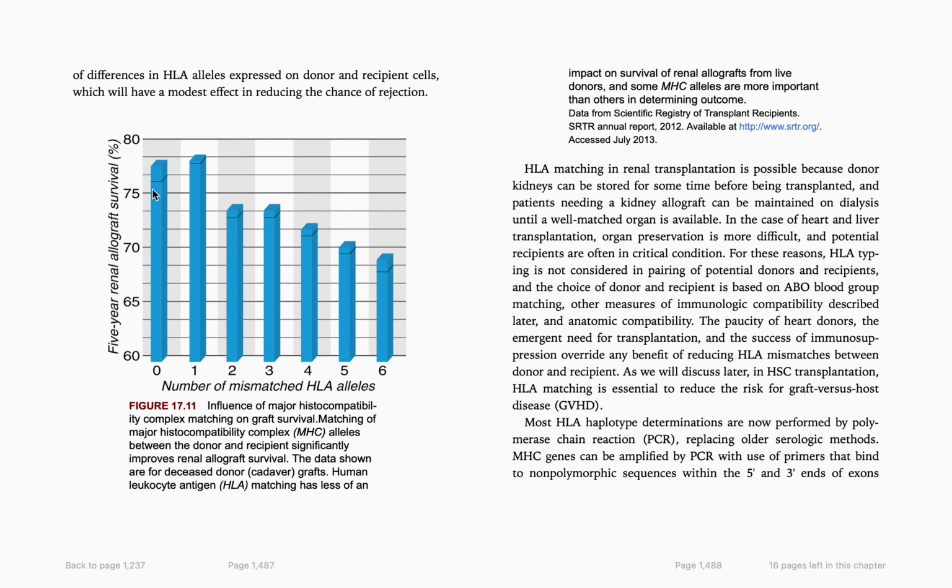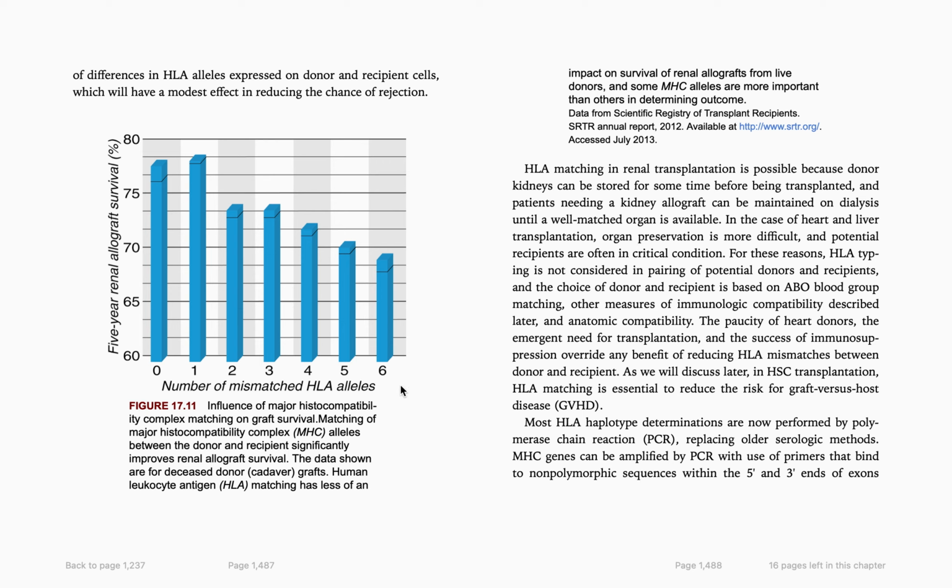So as you see here, if there is 0 mismatch, the survival is high, almost 70 something, more than 75. Also for 1, which they call a clear match, it is high. So that's it. You can continue seeing it.